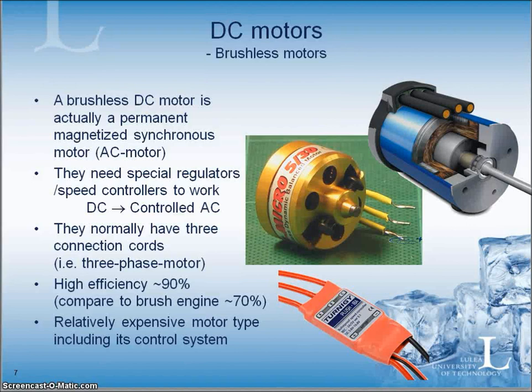So you have the DC power and it goes through the speed controller and gives you a controlled AC signal. They normally have 3 connection cords, which means that they normally are 3-phase motors. And they have very high efficiency, around 90% compared to the brushed motor that is around 70%.